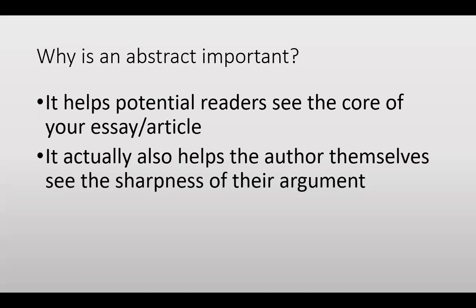And for authors, an abstract helps you to see the sharpness of your argument. From writing an abstract, you know if your argument is already strong or not. And the strength of an argument is, as you learned from your influential reading class, when you can show the support for that argument and explain that support.